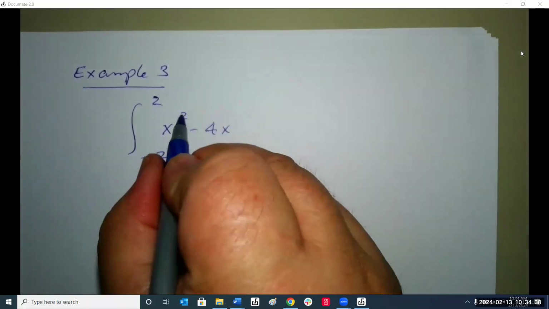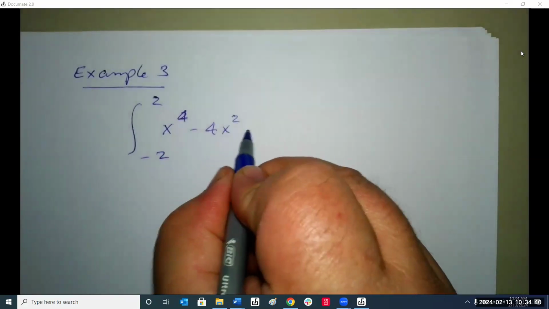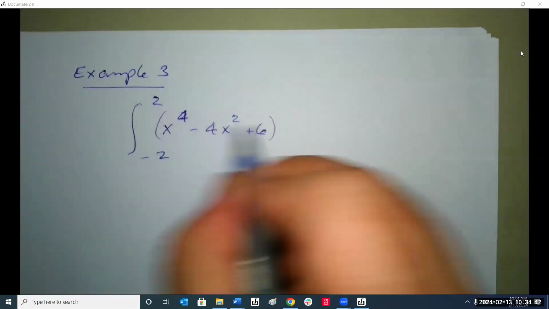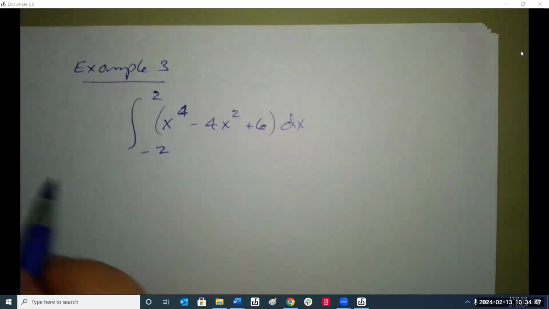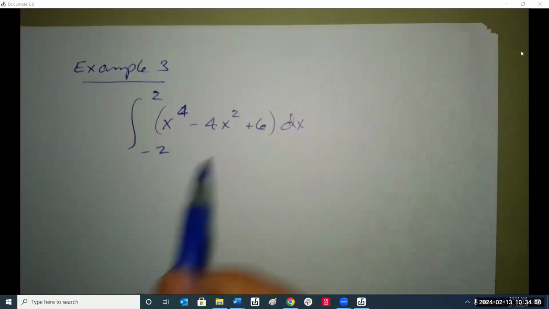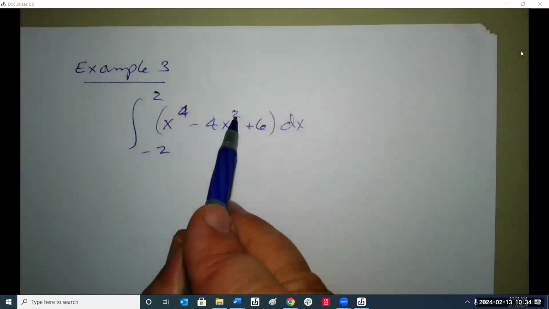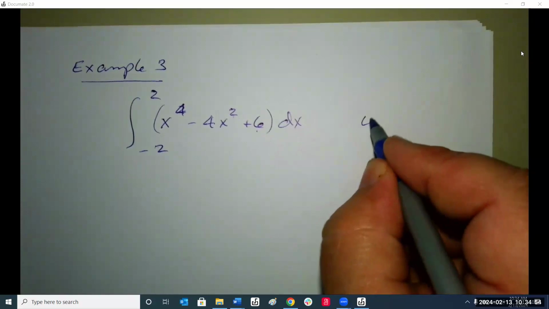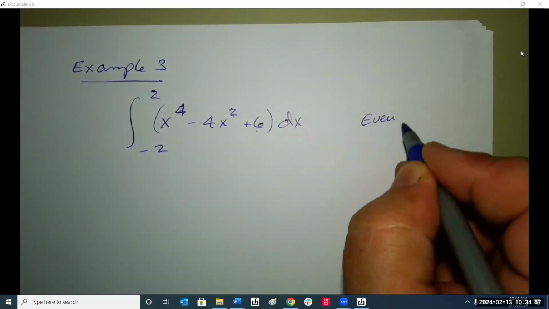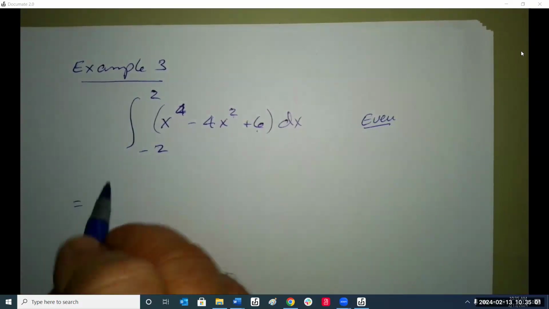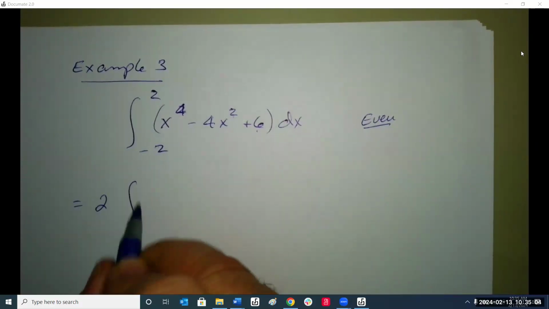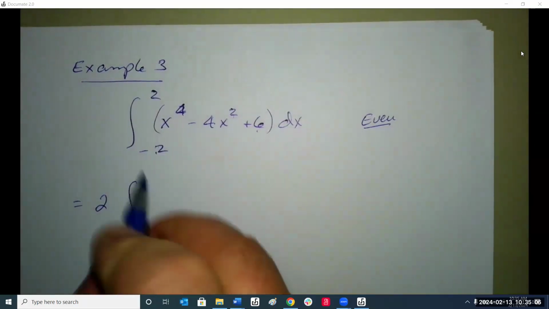Negative 2 to 2, x to the fourth, minus 4x squared plus 6. Now, since all the exponents are even and has a constant, this is an even function. So that means we only have to do half. Instead of from negative 2 to 2, we go from 0 to 2.